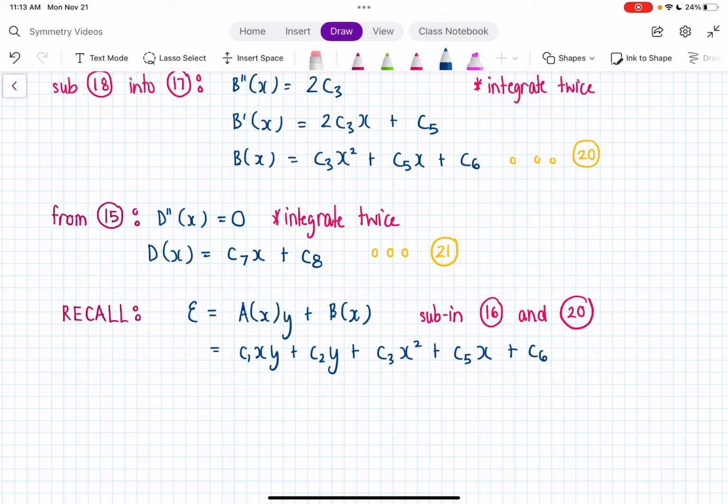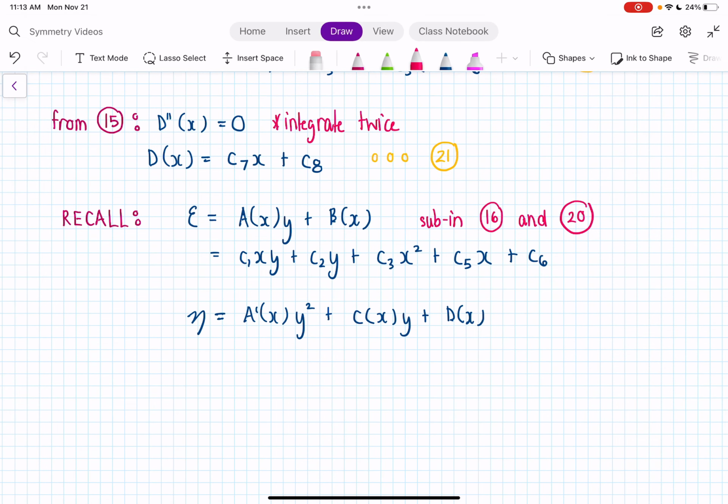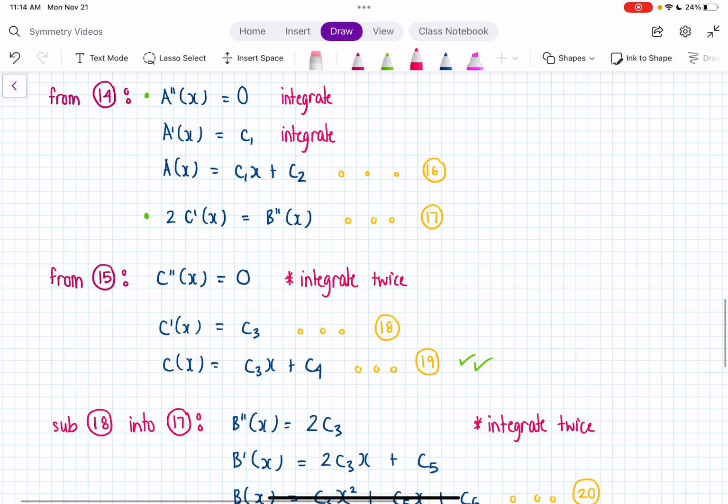And then we apply the same rules or the same logic to then get eta. So here, this is what we had. And in here, we need to substitute, so we need A prime.